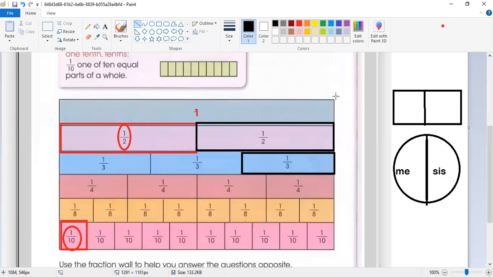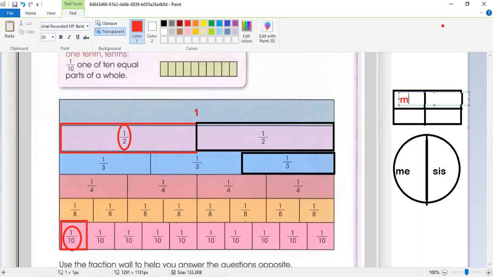Now I will have this piece. This piece is for me. This is for my sister 1. This is for my sister 2, and this is for my brother.